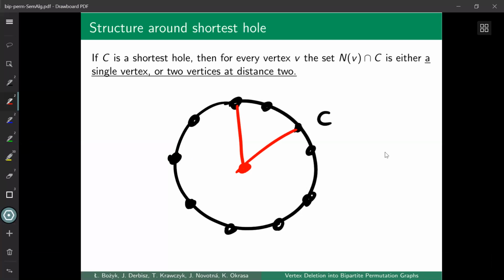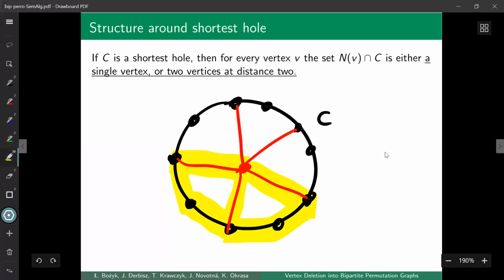So either we finish this, or we have another neighbor, and now every other neighbor should be at distance 2 apart. So we get, say, a partially subdivided wheel, and in this partially subdivided wheel we can find the third forbidden small graph, like this, for example, given that this hole is long enough. And that's one of the places where the bound on the length of the holes that we forbid in almost bipartite permutation graphs plays a role.